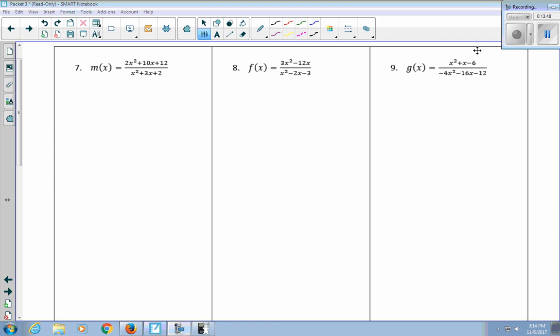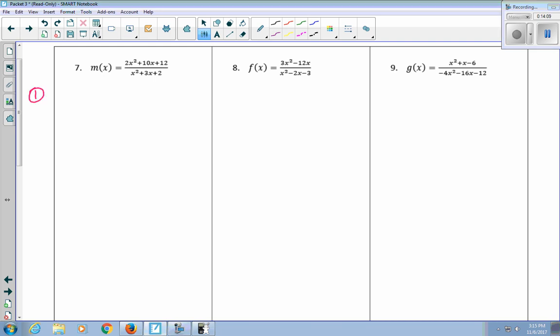All right, I'm jumping over 4, 5, and 6, and I'm jumping right to number 7. Not going to do all of them for you because this is a really long activity. In number 7, something different happens, so I'm going to make sure we do that one together. So step 1, identify the domain, right?